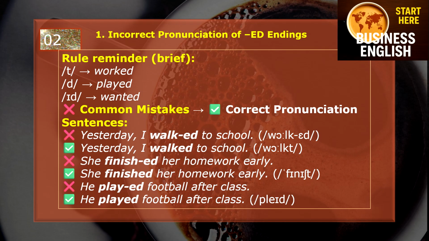So for example, in sentences like yesterday I walked to school, the incorrect version is with walked not ending with T but with D. Next sentence is she finished her homework early. So once again it should be T at the end, not D. And last example, he played football after class. So here will be D at the end.